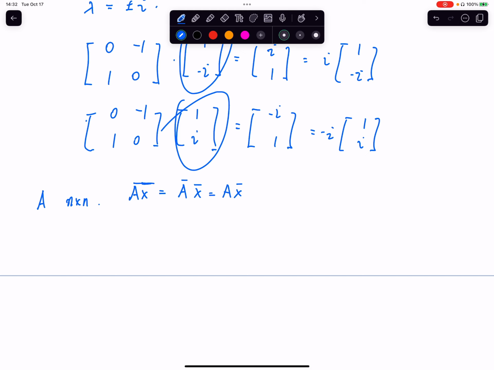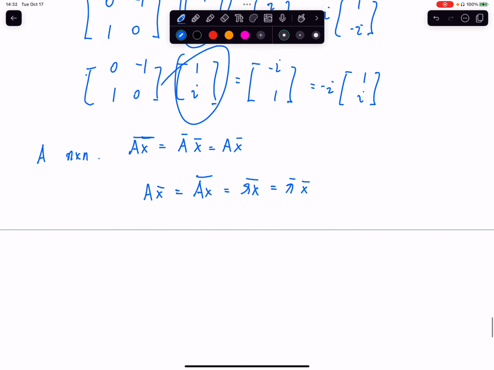This shows that when lambda is an eigenvalue of A and x is the corresponding eigenvector in C^n, then the conjugate of Ax equals the conjugate of lambda x, which equals lambda conjugate times x conjugate.